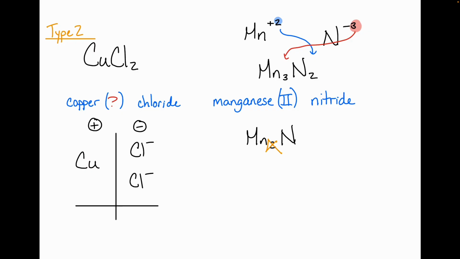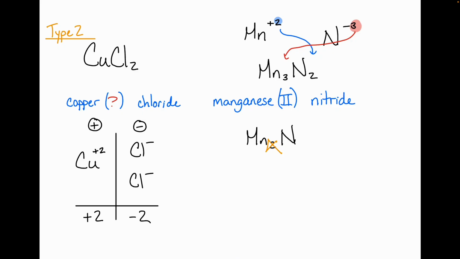So what's the total amount of negative charge I have? -2. And in order to be an ionic compound, it's got to be neutral, which means I have the same amount of positive charge as I do negative charge. So how much positive charge must I have? +2, which means that my copper here has to have that +2 charge.